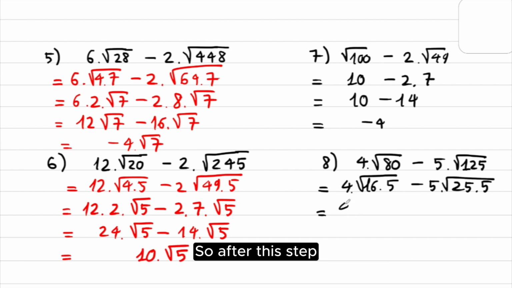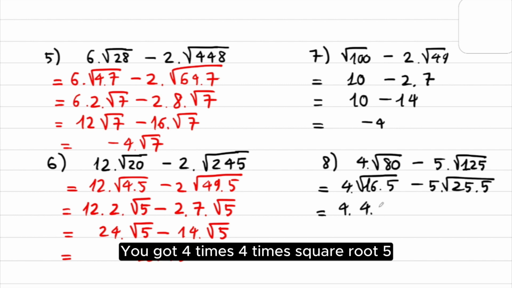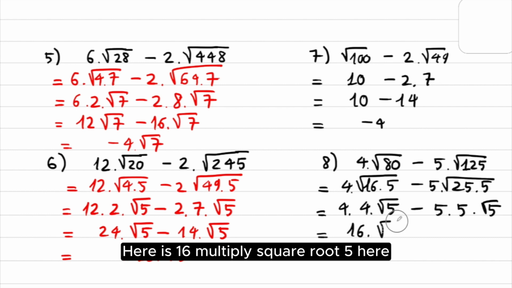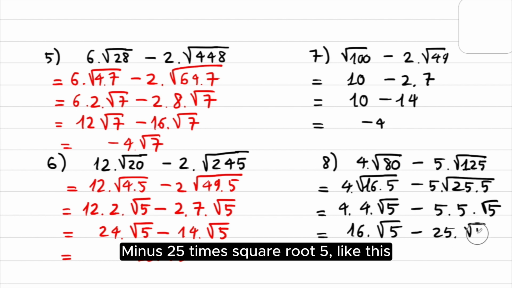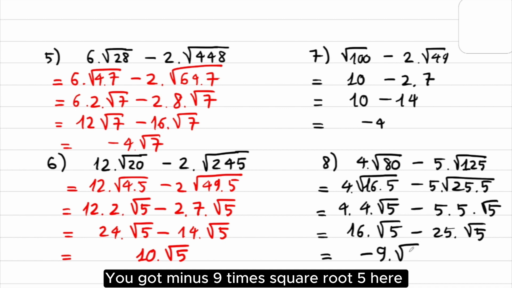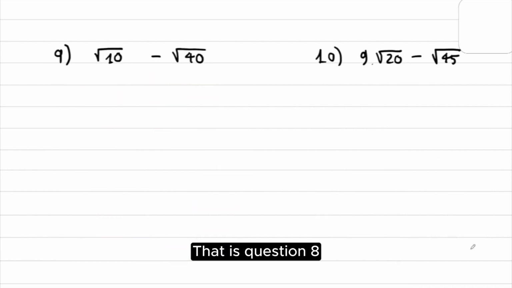Okay, so after this step, you got 4 times square root 5 minus 5 times 5 because square root of 25 equal to 5, and then you got square root of 5 here. Here is 16 multiply square root 5 minus 25 times square root 5 like this, and then after that you got minus 9 times square root of 5 in here. Okay, that is question 8.